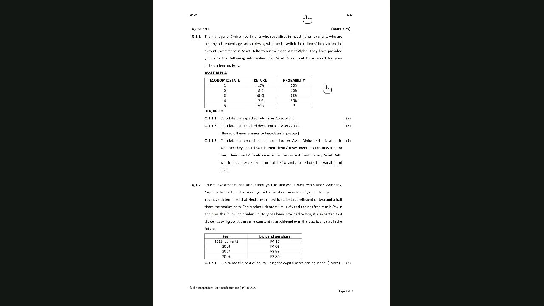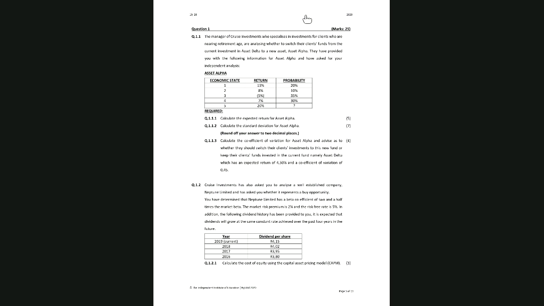So currently, sorry, I don't know why that pointer's not moving. It seems to be stuck up there. Who knows? Okay, so currently their clients' assets are invested in asset Delta. They want to know, should they now take it out of asset Delta and move the investment into asset Alpha?